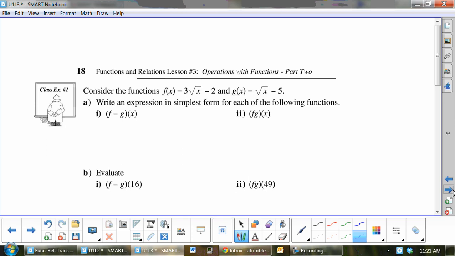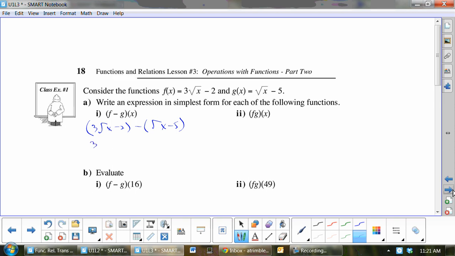Okay, so if I have f minus g of x, that would be 3 root x minus 2 minus root x minus 5. Now again, with that minus sign, take the time to do the 1 more step.